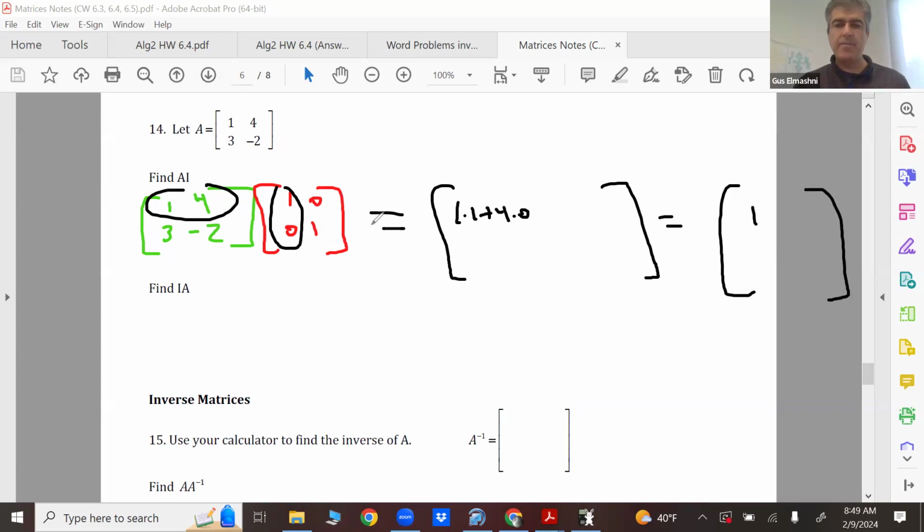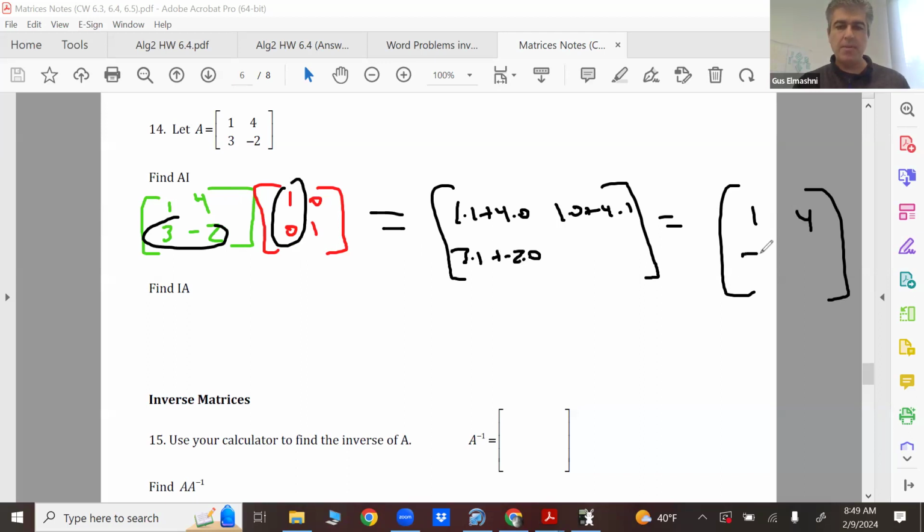Perfect. Next up, multiply the first row with the second column. 1 times 0 plus 4 times 1. What do you get now? 4. Looks like we're preserving this identity. Let's do the second row with the first column. 3 times 1 plus negative 2 times 0.